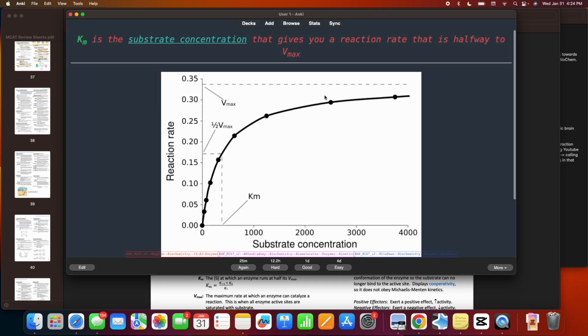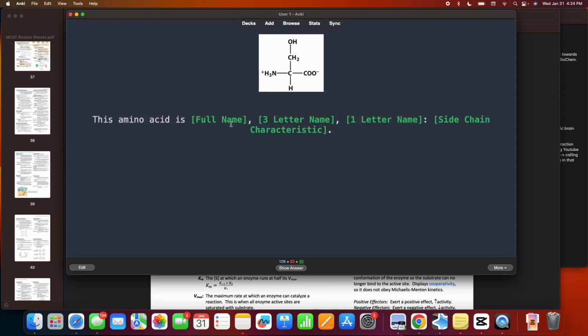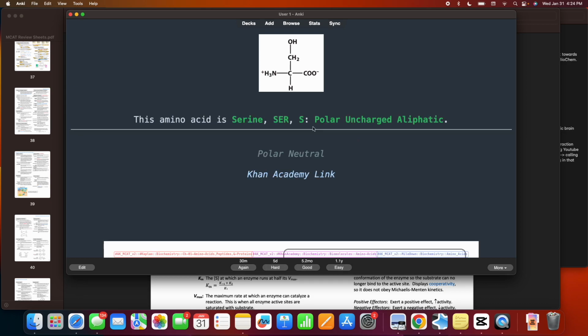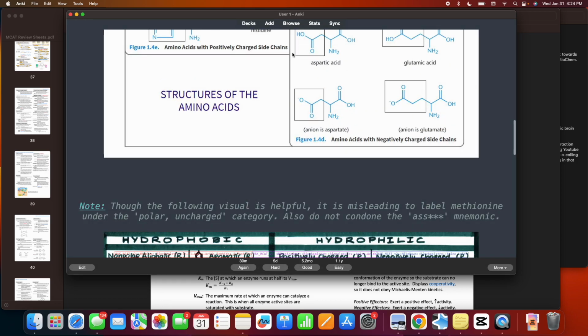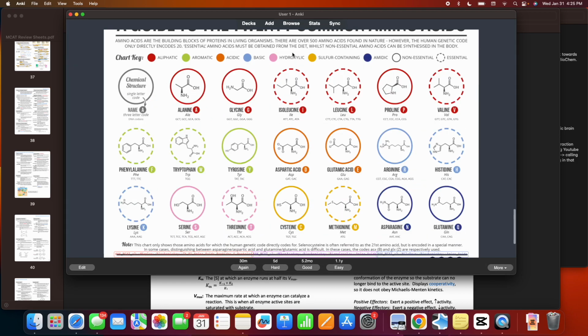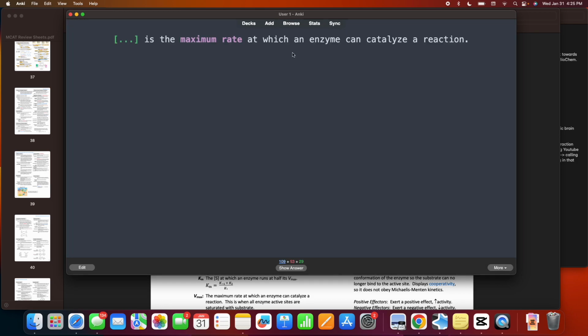Half of Vmax. This amino acid should be serine, Ser, and S, right? Yes. Polar, and is it aliphatic? Yes. It's uncharged. Yes. I'm good with this too.